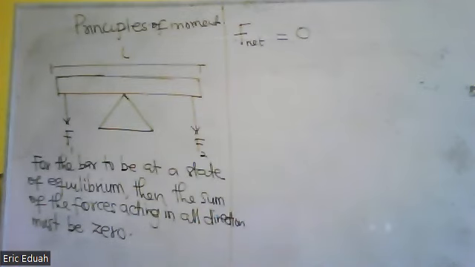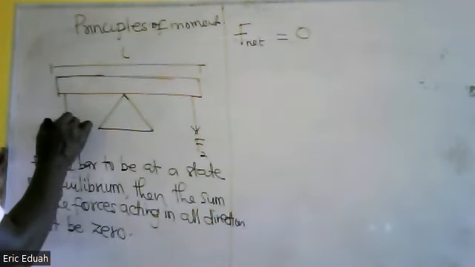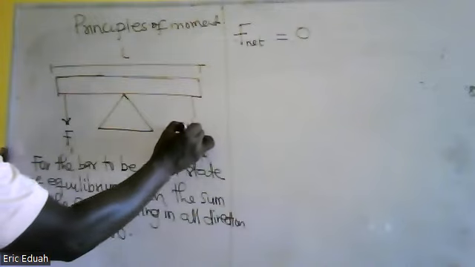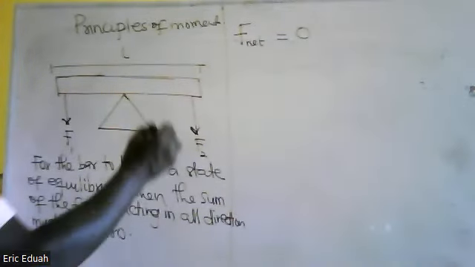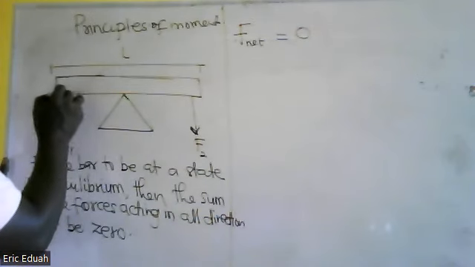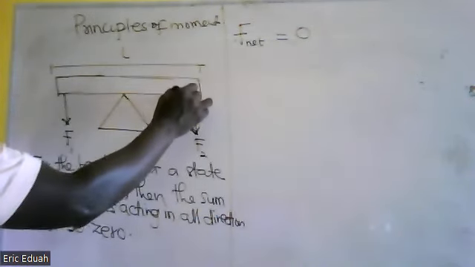What it then means is that, look, we have these two forces, F1 and F2, acting downward. So Adwa is sitting here, Sanam is sitting here.